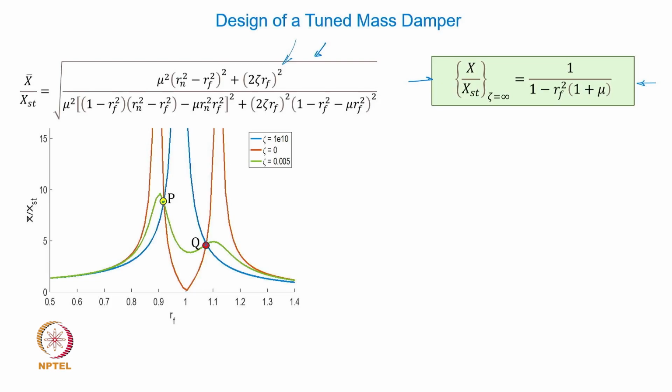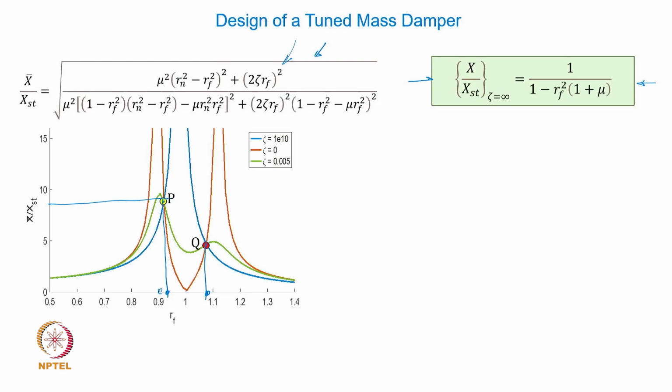That means if I want to find out the amplitude of the response at point P, for the given value of RF here, I can use this expression. So if I substitute the RF for this point and use this equation, I will get x upon xst corresponding to P and corresponding to Q. For Q, of course, I will have to use this RF value. So this is one equation which we are going to use for our analysis.